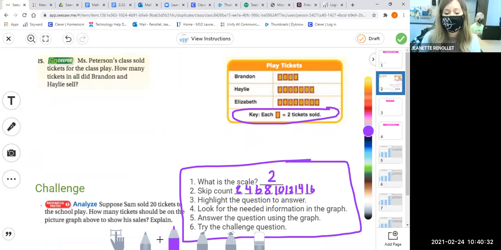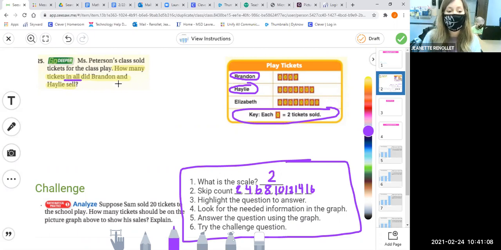Number 3 says highlight the question to answer. So I'm going to highlight our question. Over here, our question says, how many tickets in all did Brandon and Haley sell? So now I'm going to look at my graph up at the top to help me answer this question. First of all, I need to identify Brandon and Haley on the graph. Here's Brandon and here's Haley on the graph. Our question says, how many tickets in all?